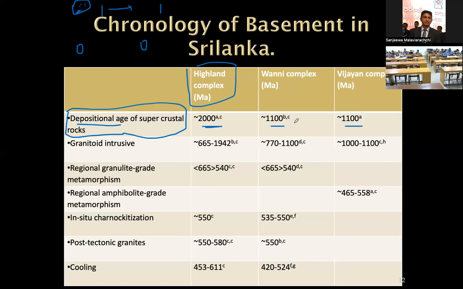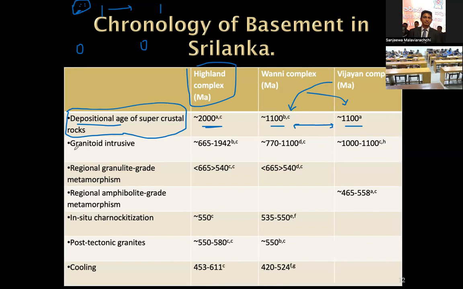But remember, for the Vanni and Vijayan complexes, these are mostly meta-igneous rocks. So this corresponds to crystallization age rather than depositional age. Okay, this should be crystallization age at 1,100 million years ago.